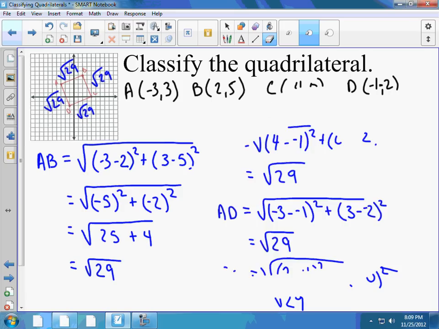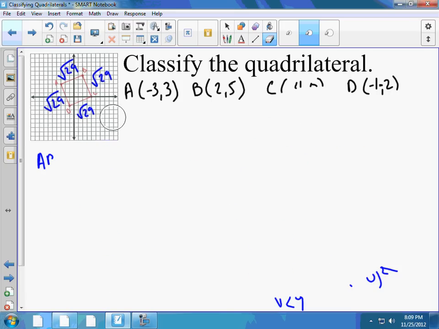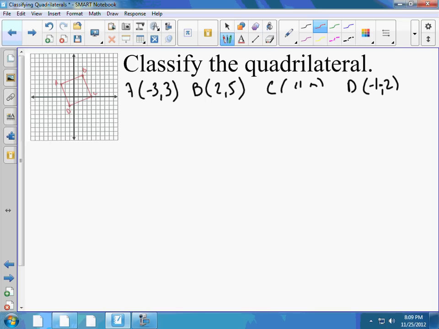So I'm going to clean this up. And now we want to figure out what is the slope of each of the sides. So slope of AB equals 3 subtract 5 over -3 subtract 2. Simplifying that, -2 over -5 becomes 2/5.